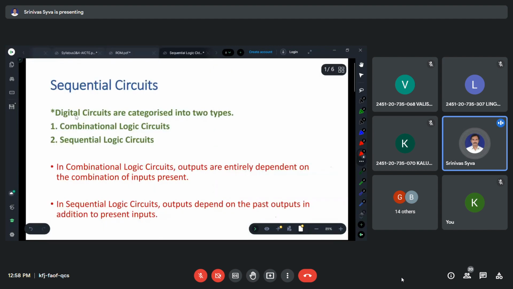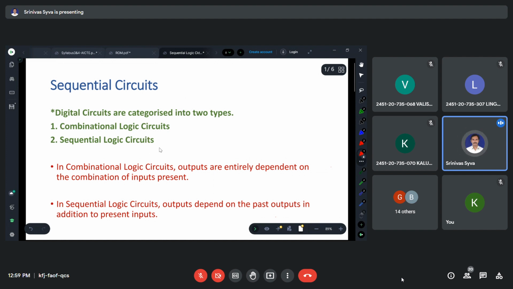Generally, digital circuits are categorized into 2 types, as I mentioned in the very beginning: combinational logic circuits and sequential logic circuits.